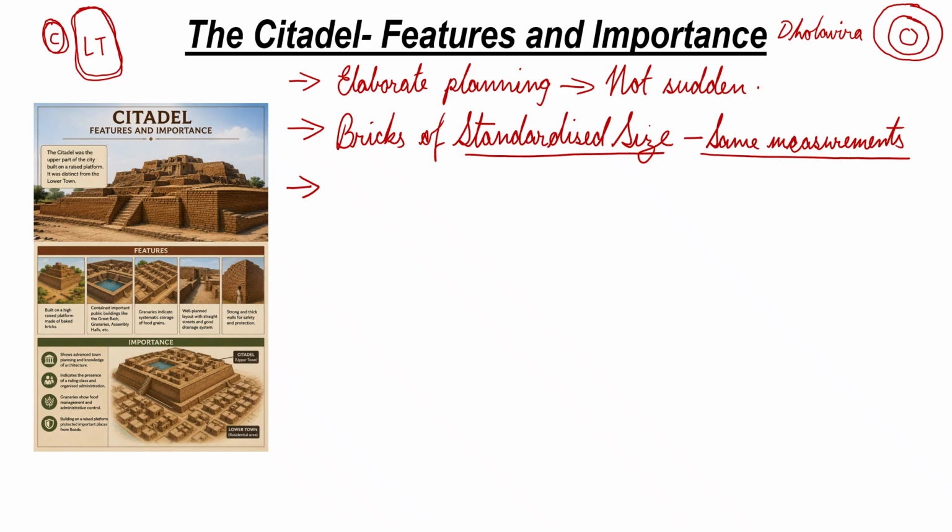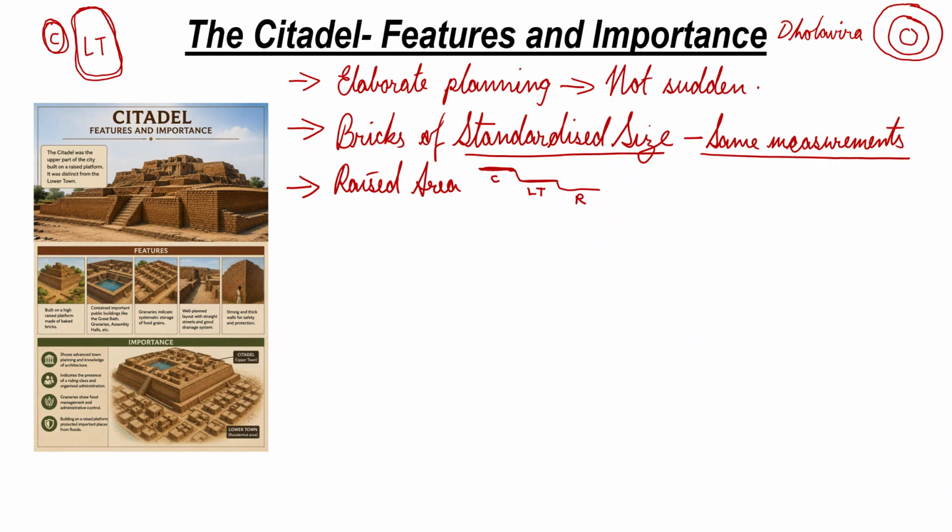And the citadel was obviously a raised area, which means that if this is the level of the citadel, then the lower town was here, and then we had the river. So here we had the citadel, here we had the lower town, and then we had the river.